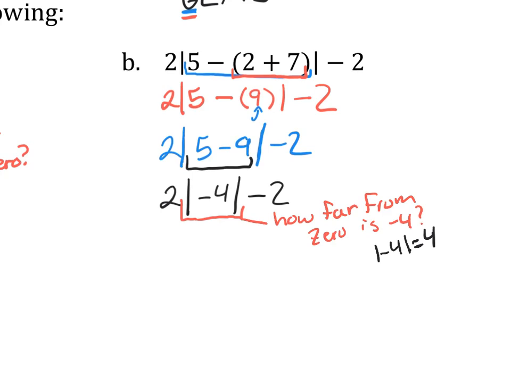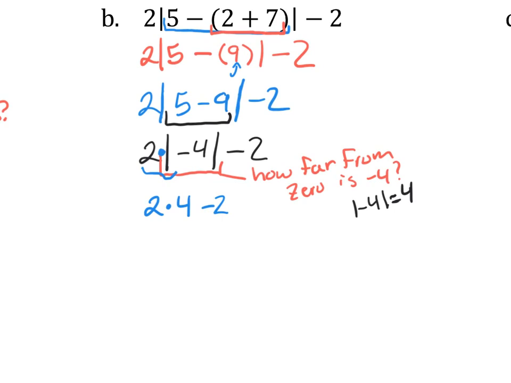Since we've taken the absolute value, those absolute value bars are going to go away. What's happening in between the 2 and this absolute value here is multiplication. This will be 2 times 4 minus 2. Because if you have a number right in front of a grouping thing, so right in front of parentheses or brackets or square roots or absolute values with no operation symbol in between, that always implies multiplication.